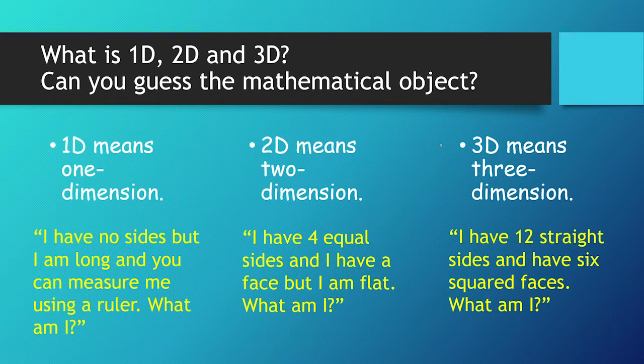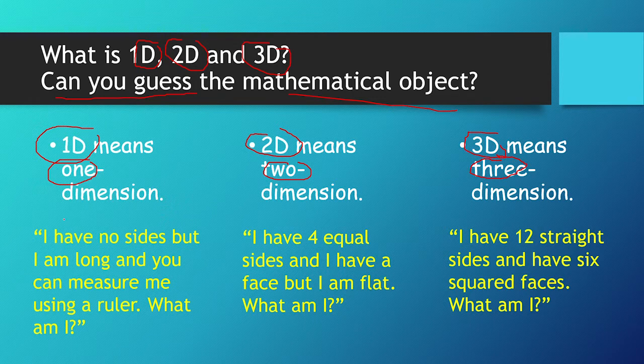But first, let us discuss what is 1D, 2D, and 3D. The question I would like to ask you is, can you guess the mathematical object? 1D means one dimension. 2D means two dimensions, of course 3D means three dimensions.